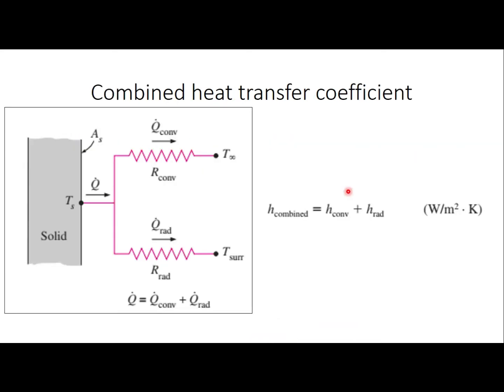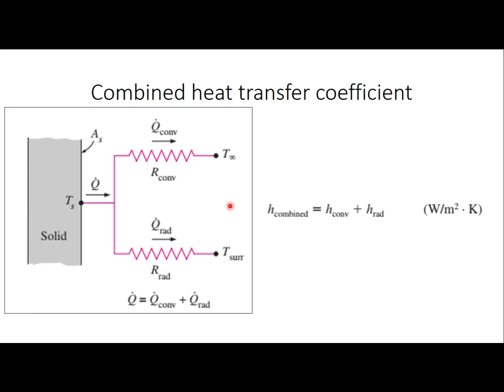Combined heat transfer coefficient. First of all, try to understand that we have this solid surface whose temperature is Ts, right? The temperature which is far away from the surface is either T infinity or T surrounding. So this Ts is at the higher temperature. So heat will be transferred from this solid surface to far away from the surface.